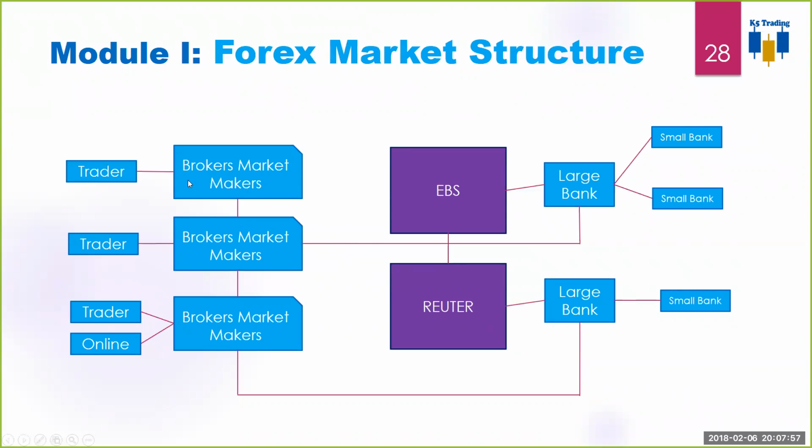Brokers also have peer-to-peer connectivity between them, and they can trade among themselves, bypassing the liquidity provider altogether. If the trader closes a position within its own network with another trader, the broker takes all the commission, whatever the spread is, from both parties. So he is making money on this one.